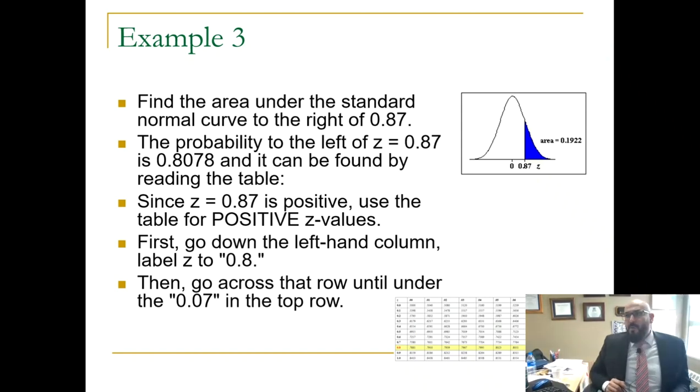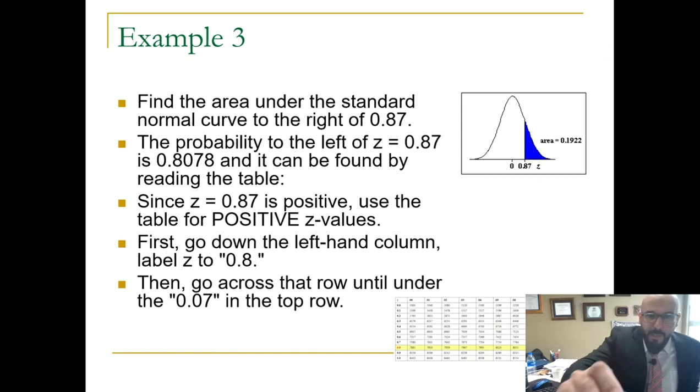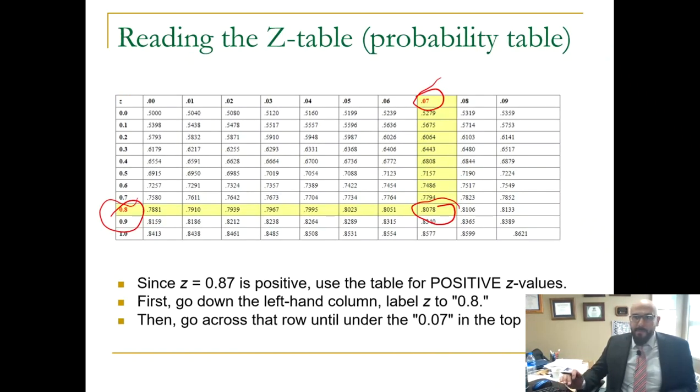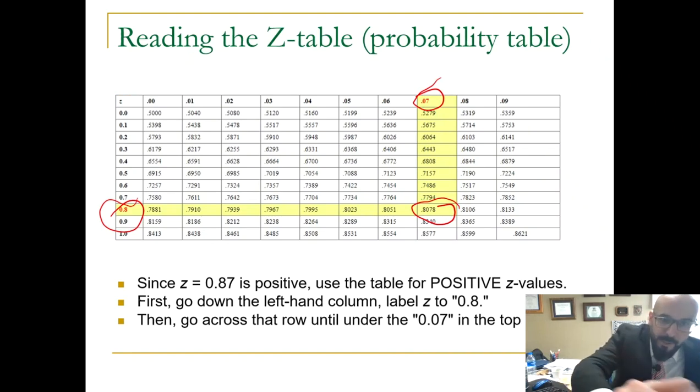So we just sketch the area under the curve, and we know that we are looking at this area right here on the right side of 0.87. Then we use the appendix, the probability table. You go to 0.8, 0.07, and you will find that the area on the left side is 0.8078.